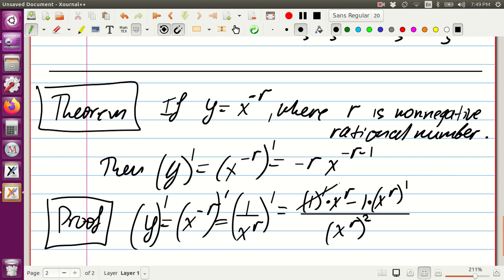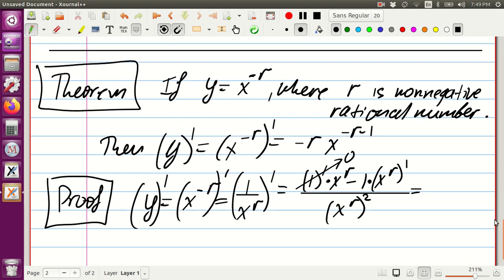And we know that derivative of 1 is just 0. So that means the first part is just 0, and for the second part we can use the power rule. So r goes down and we have x to the r minus 1 divided by x to the r squared.